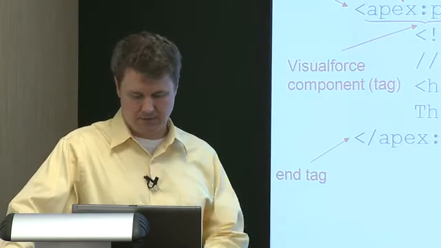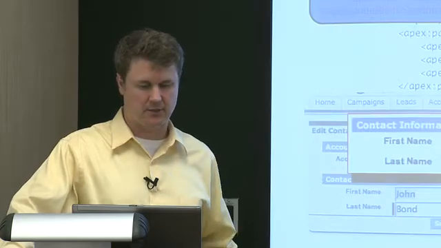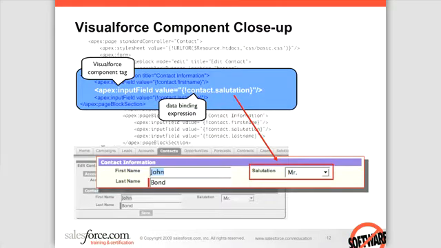And then what's missing from here is a data binding expression. Here's an example of a Visualforce component that uses a data binding expression. One of the more common tags that you'll see utilized is the input field. In this case, the value attribute of the input field tag is set equal to curly brace, exclamation, contact.salutation, and then close curly brace.